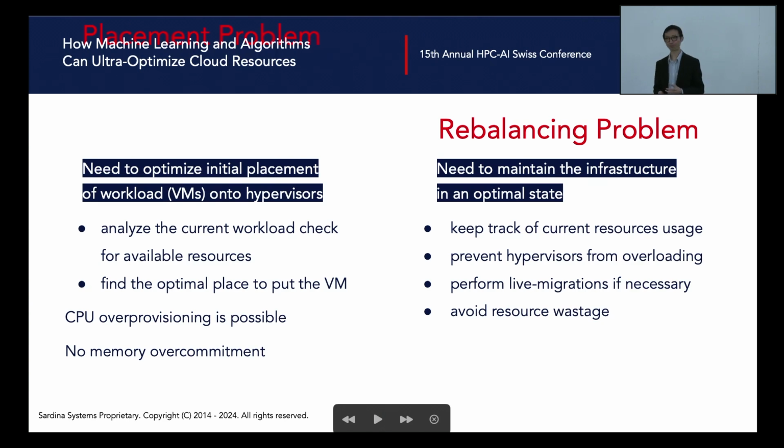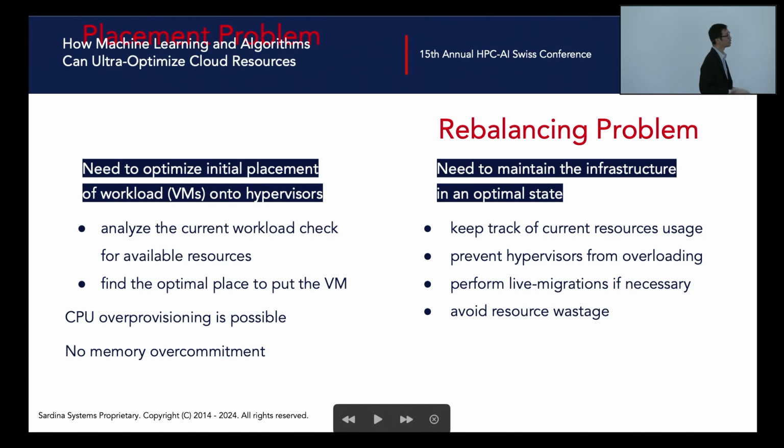Often it's a good problem, yeah? And we also need to bear in mind that when you're running these VMs, there are certain considerations. So, for example, you can over-provision the VMs, over-provision the CPUs, but you do not want to go down the path of memory overcommitment.